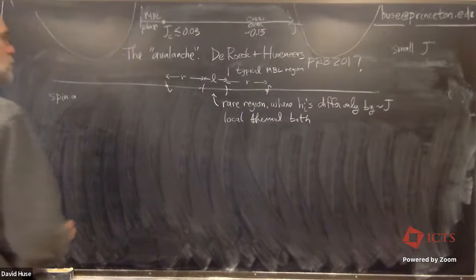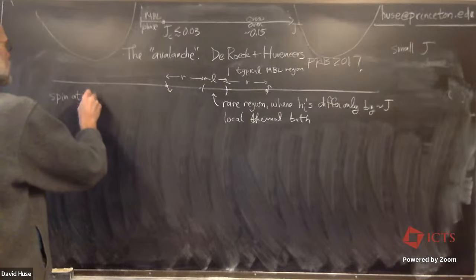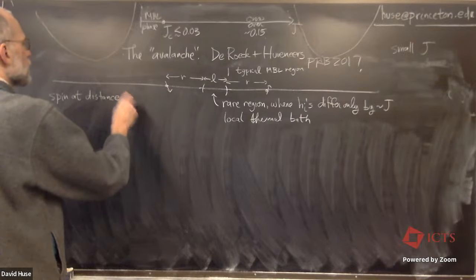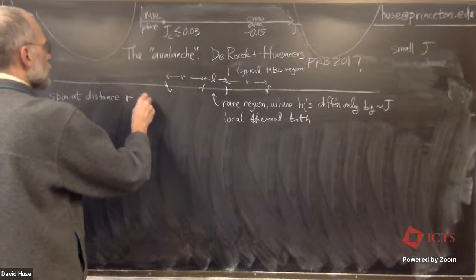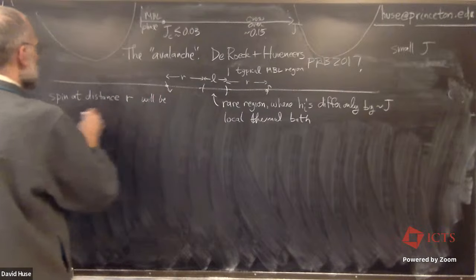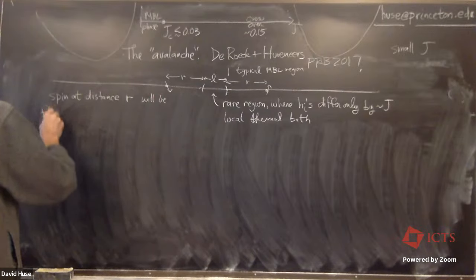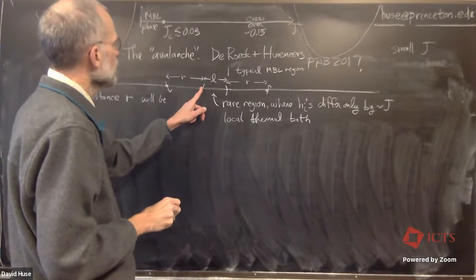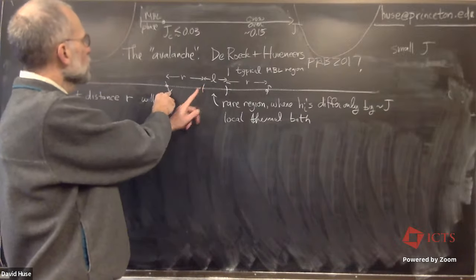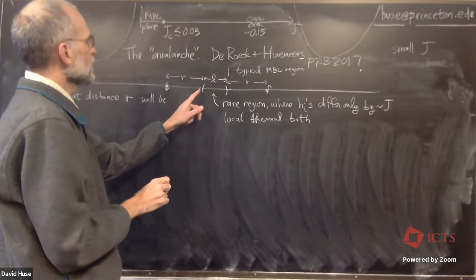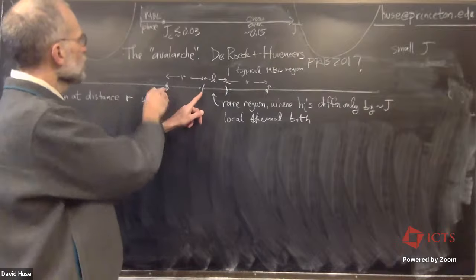So the spin at distance r will be flipped. In the absence of this coupling here, this spin won't flip. Say this spin is down, and this region is MBL, and so this spin won't flip.